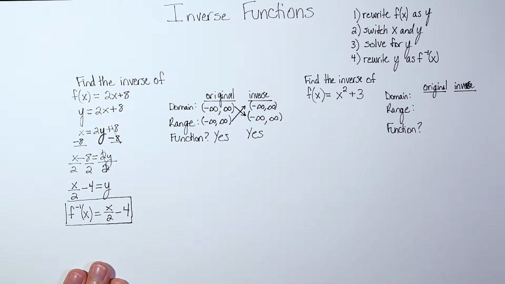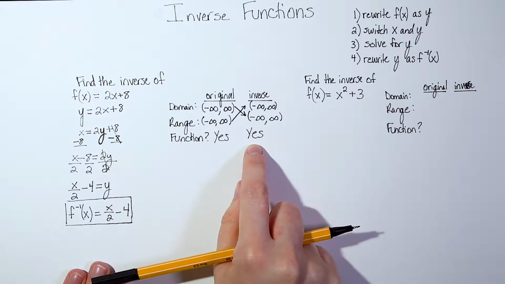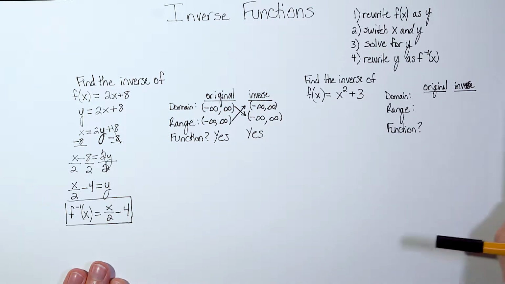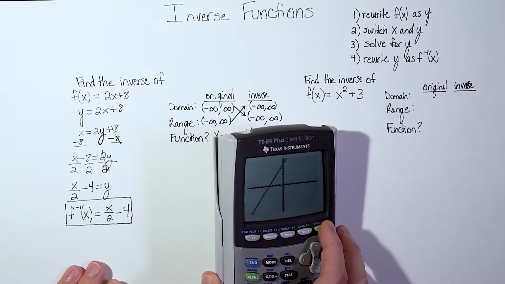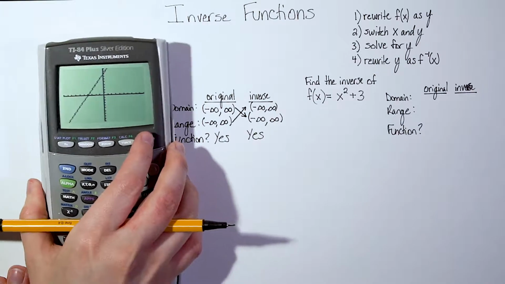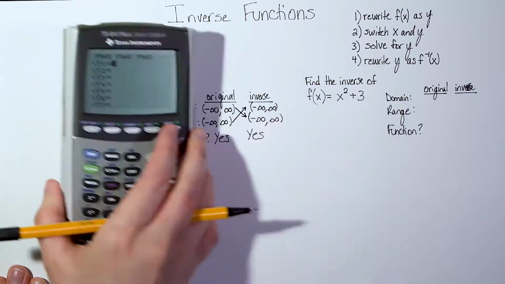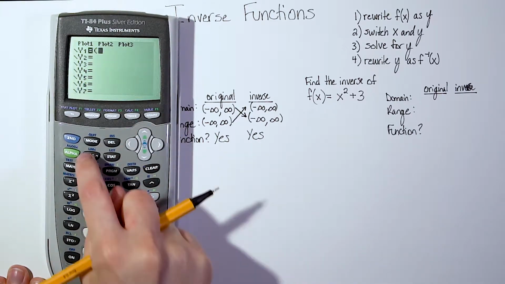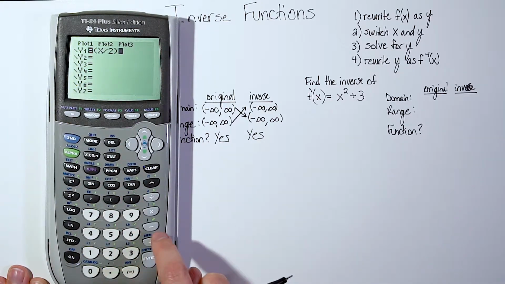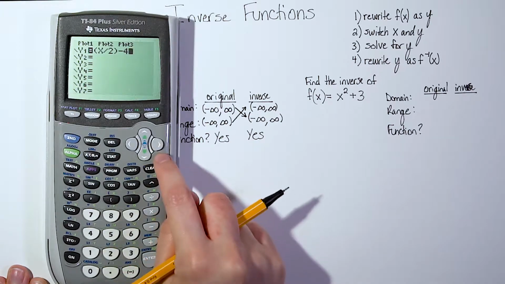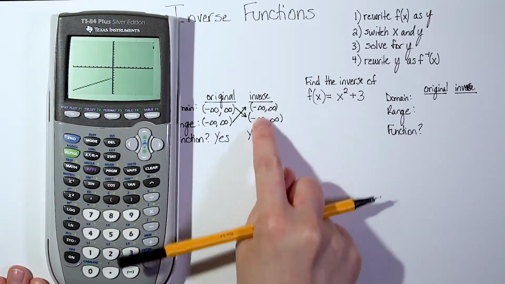Now, just to prove to you that these statements are true, because so far we only graphed the inverse to kind of show you how it looked, but we didn't really double check it at all, I'm going to put in the inverse. So that was x over 2 minus 4. And we're going to graph it just to prove to you that these are true.